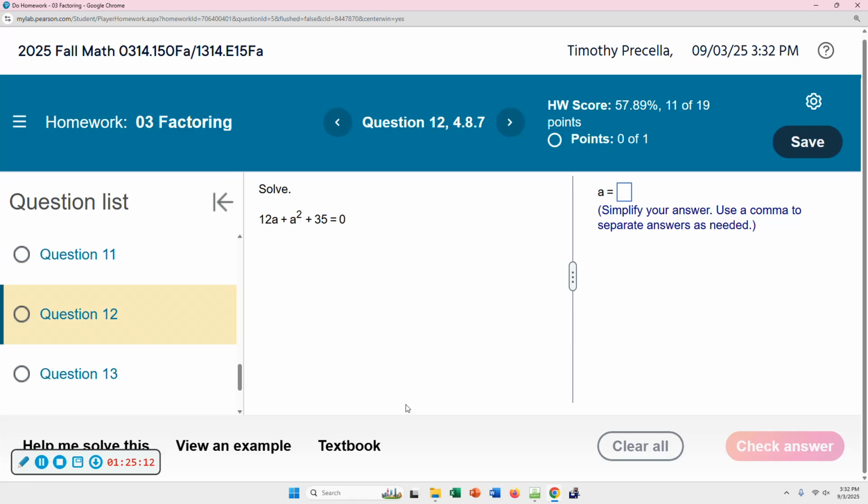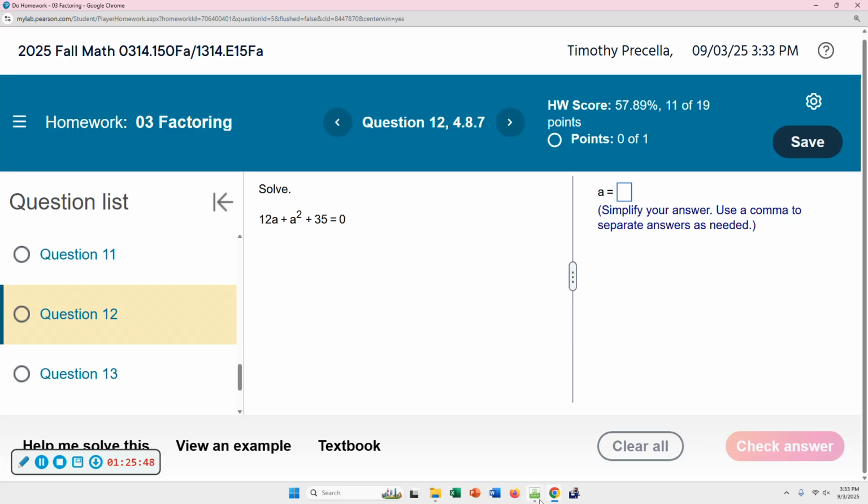Number 12: 12a plus a squared plus 35 is equal to 0. And the instructions just say solve. And you'll notice the way it says over there, a equals. If the answer part says variable equals, that's your clue. You're looking for numbers as your final answer, okay?